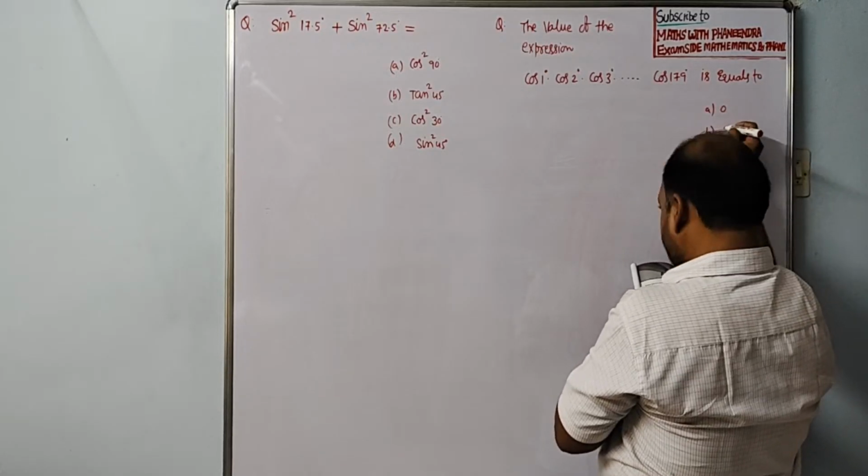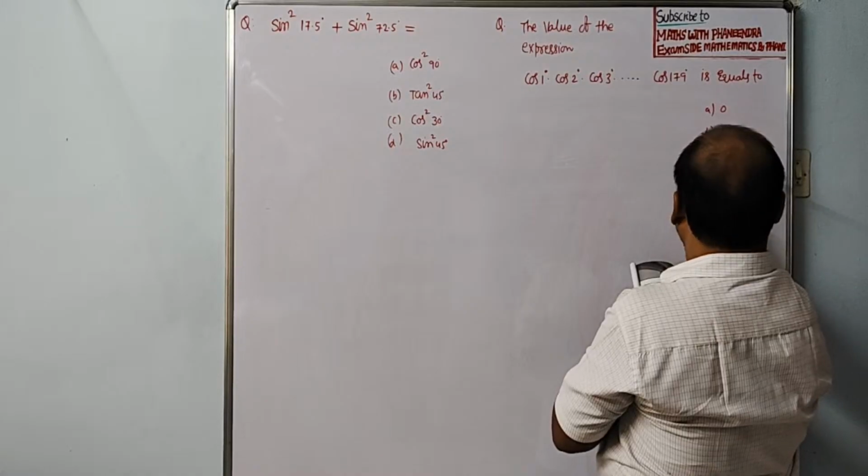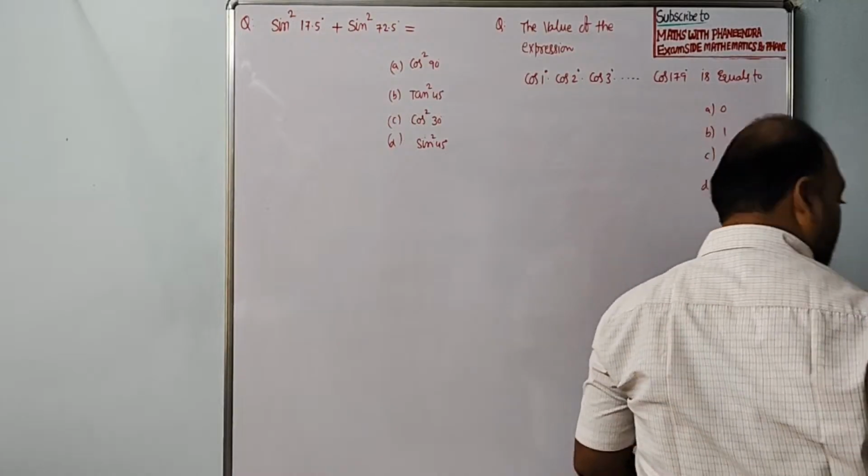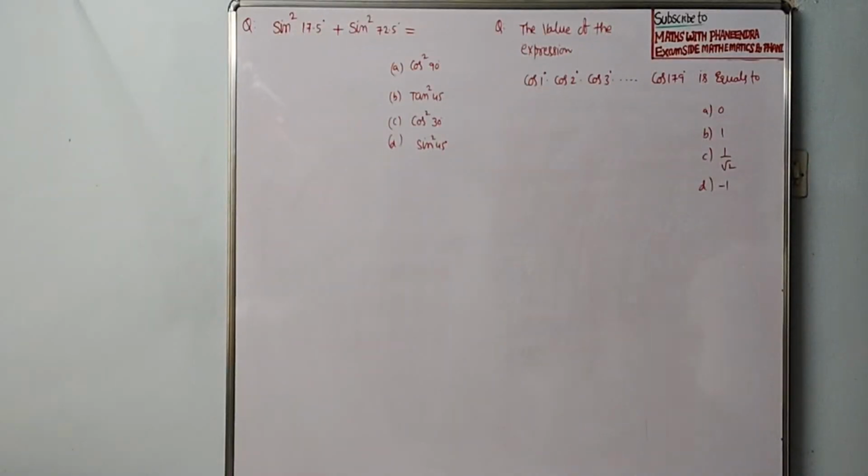First option 0, second option 1, third option 1 by root 2, fourth option minus 1. See how it will be. It's a very easy question in my view, dear students.